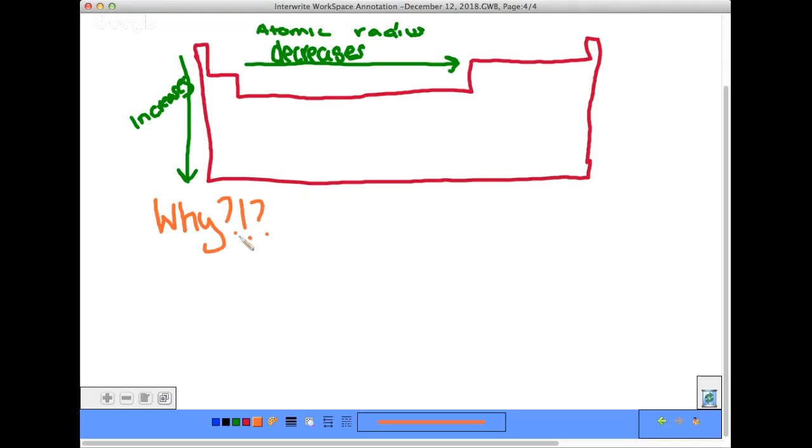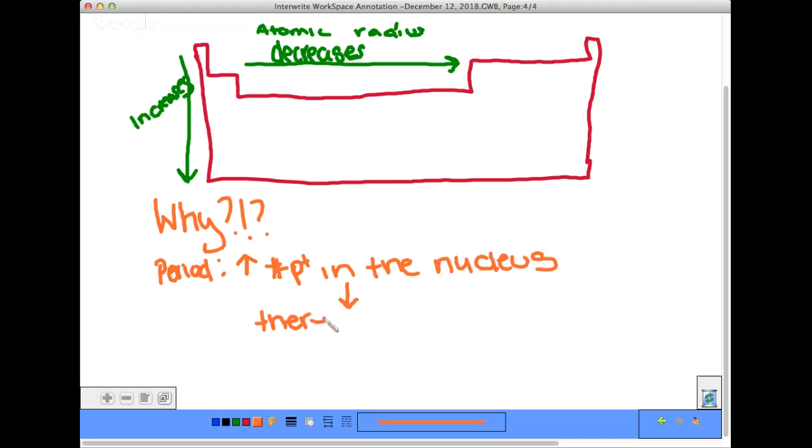Going from left to right, going across a period, we are increasing the number of protons in the nucleus. If we're increasing the number of protons, that means there is a stronger, increased, we'll say Coulombic attraction, that good vocab word, to the electrons.